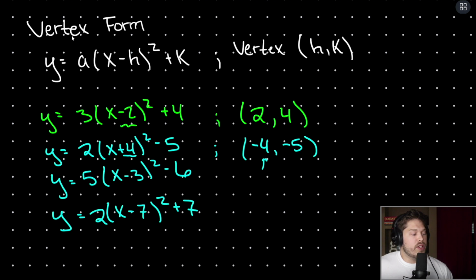And that's just because the vertex form, it's given to you as a minus h. And so if you see a positive 4 here, you know your h must be negative. Okay? The vertex for this second equation is going to be (positive 3, negative 6), and the vertex for your last equation is going to be (positive 7, positive 7).